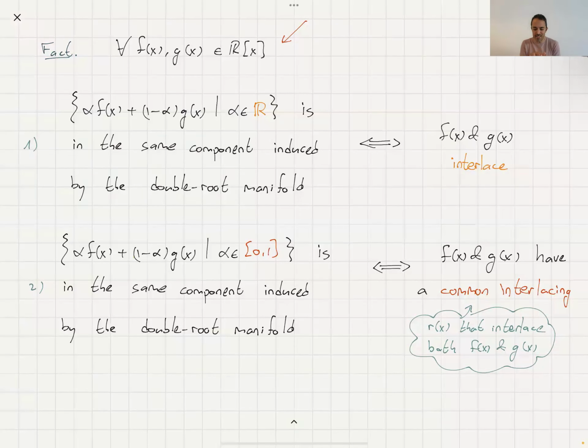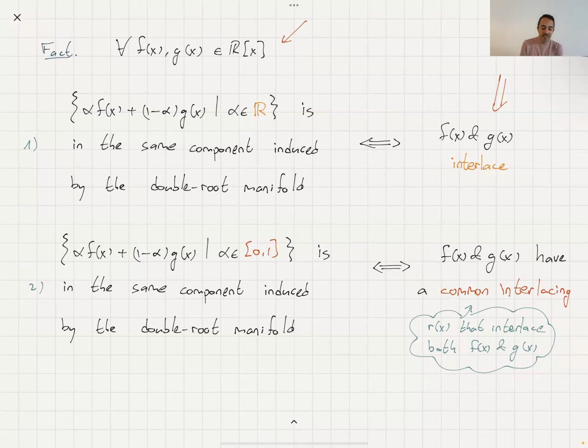So the interlacing characterizes the fact that the line connecting F and G, as 2 points in R^(d+1), doesn't intersect the double root manifold. And here there is no reference to this manifold, so it's nicer to work with the interlacing variant of this characterization rather than the manifold one.